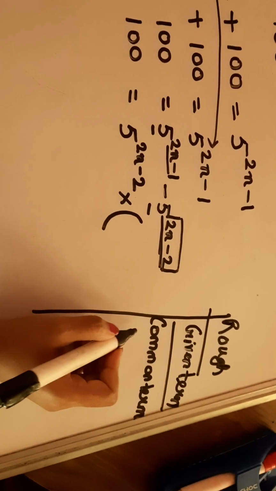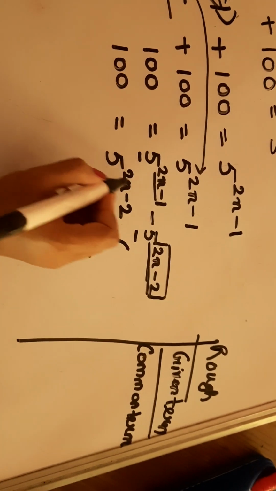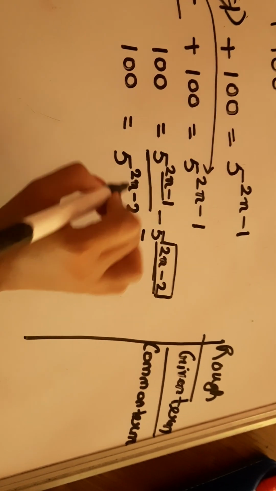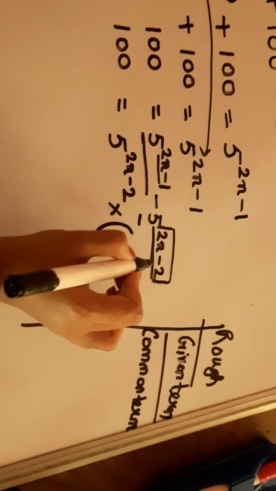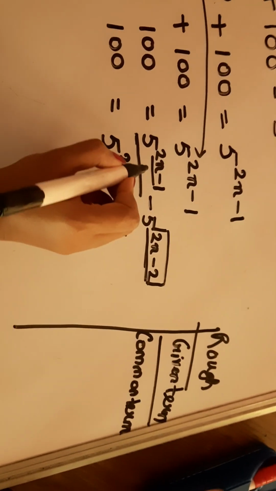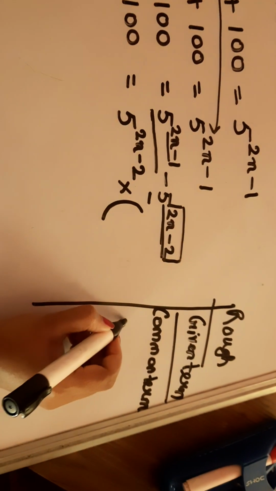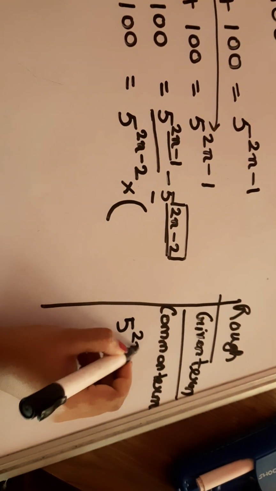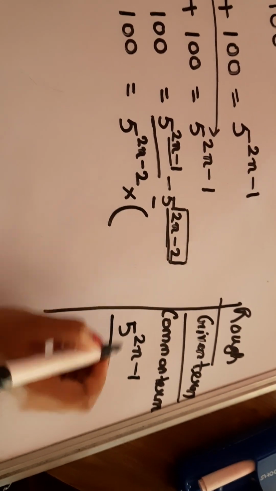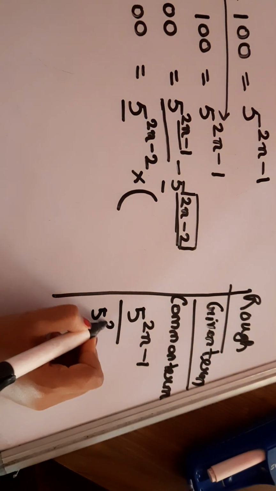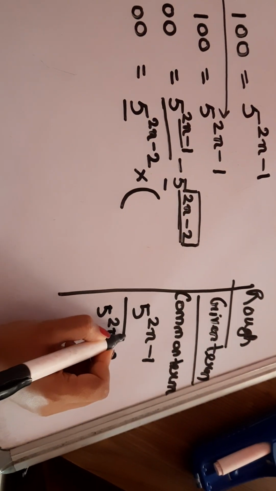So what is the given term here? The given term is what is in our question, the expression from where we have taken out the common term. So we have taken out the common from this line. So 5 to the power 2n minus 1 is our given term, by the common term, what we have taken out: 5 to the power 2n minus 2.